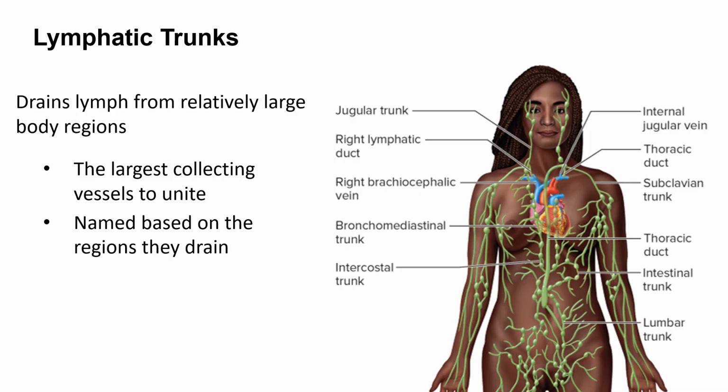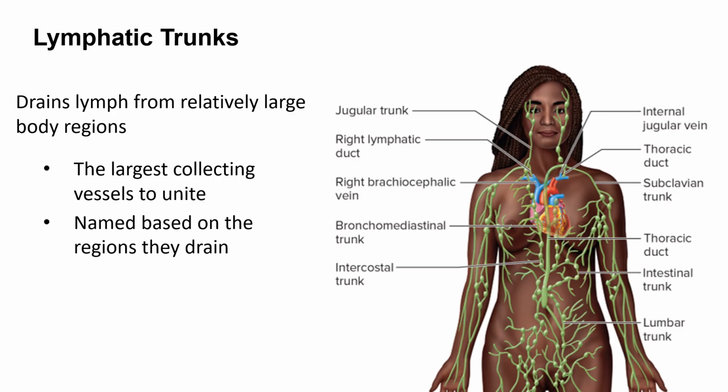All right, we typically name them based off of the region that they drain. So we have the jugular trunk, which is going to be in the neck region, right? The intercostal trunk, which is going to be near the rib cage, right? We have the lumbar trunk in the lumbar region. They are the largest collecting vessels to unite, okay?